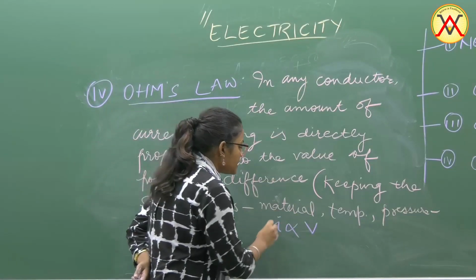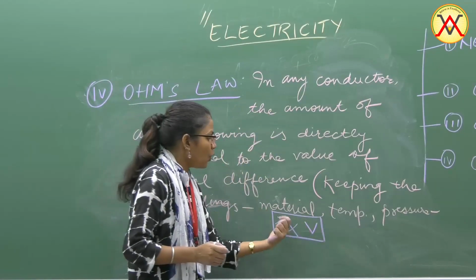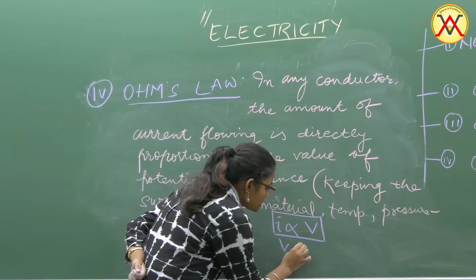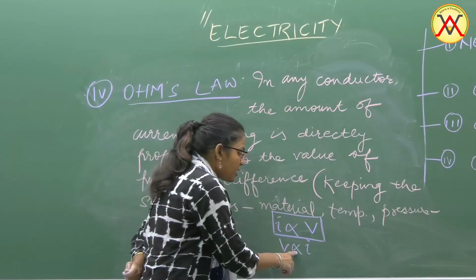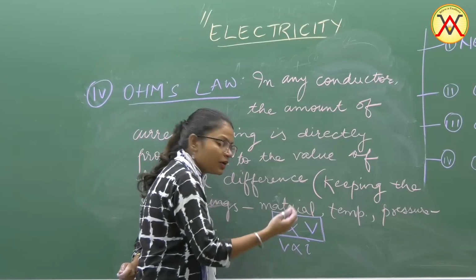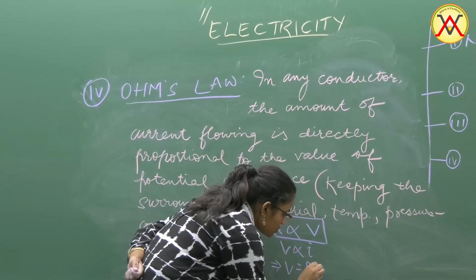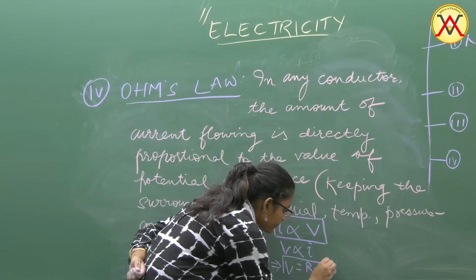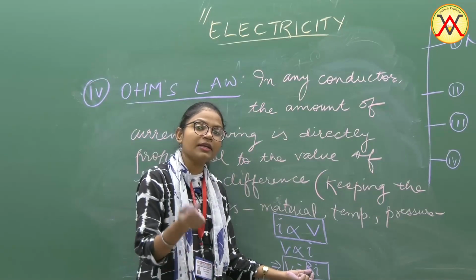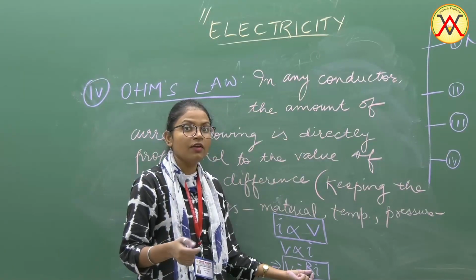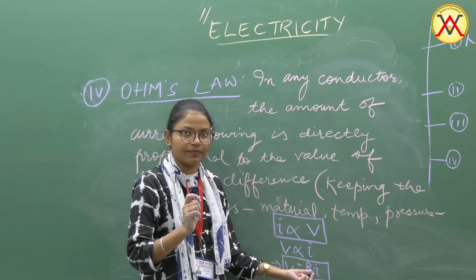For our simplicity, we have reversed this Ohm's statement as V proportional to I. And when we change this proportionality sign, what do we have? V equals to RI. Here R is nothing but our constant of proportionality, which is known as resistance of any conductor. Okay?